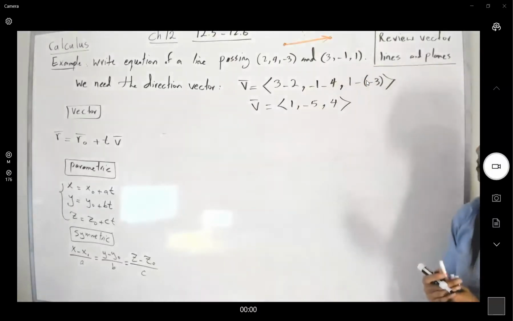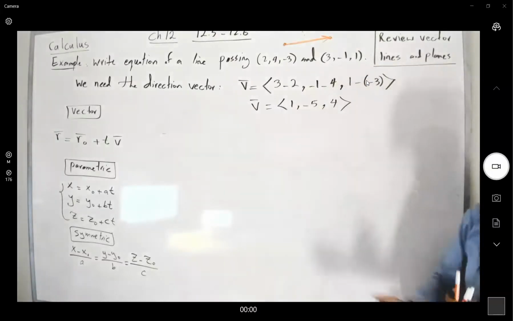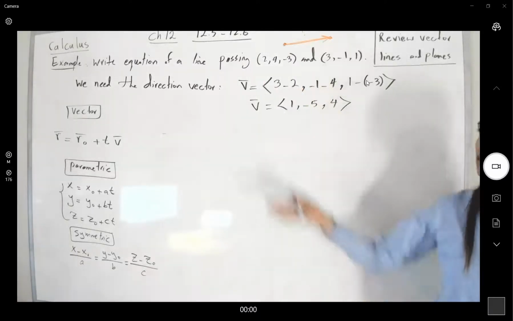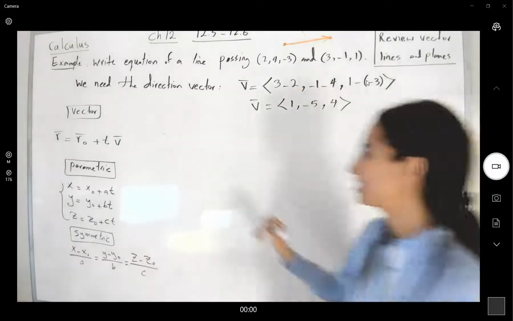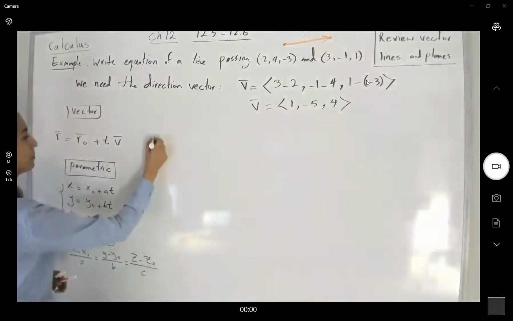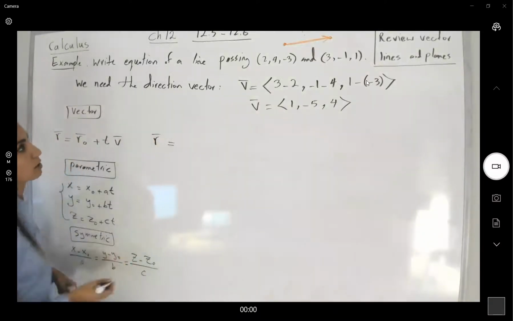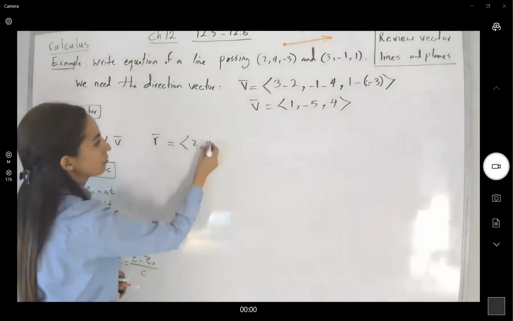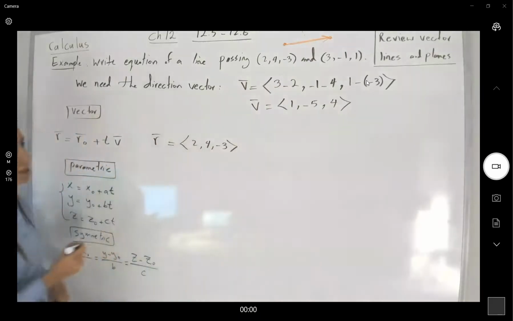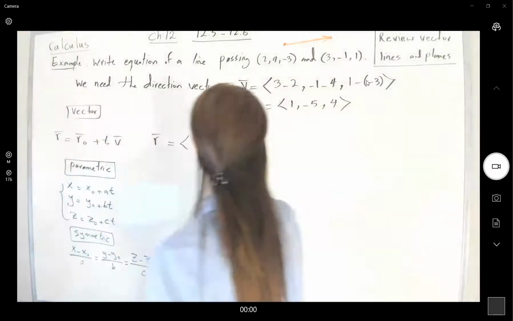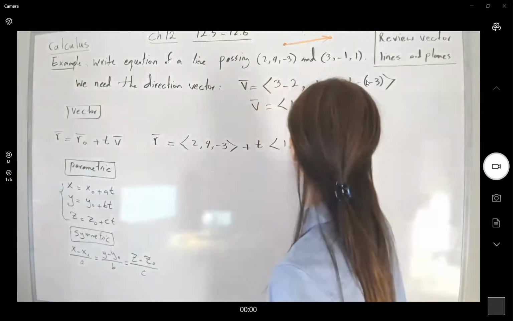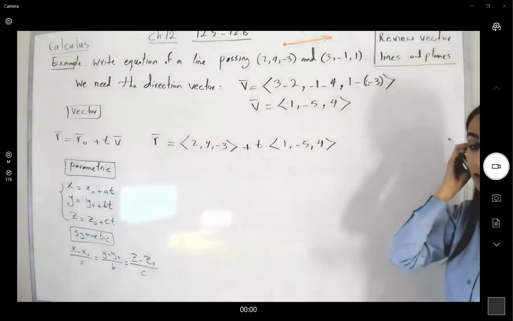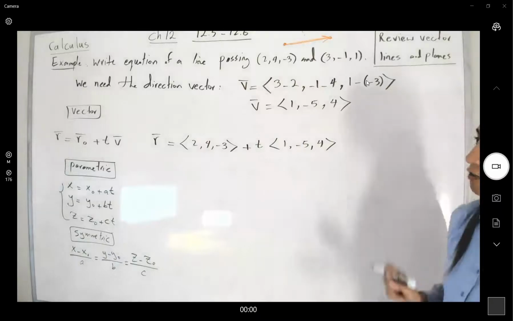Now that we have the direction vector and 1 point on the line, we can easily write the equation of the line. So the vector equation, r is r sub 0, 2, 4, negative 3, plus t times v, t times 1, negative 5, and 4. This is our vector representation of our line.